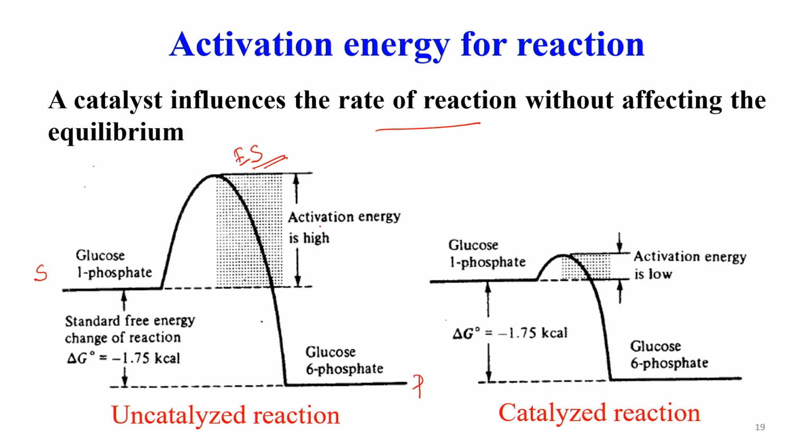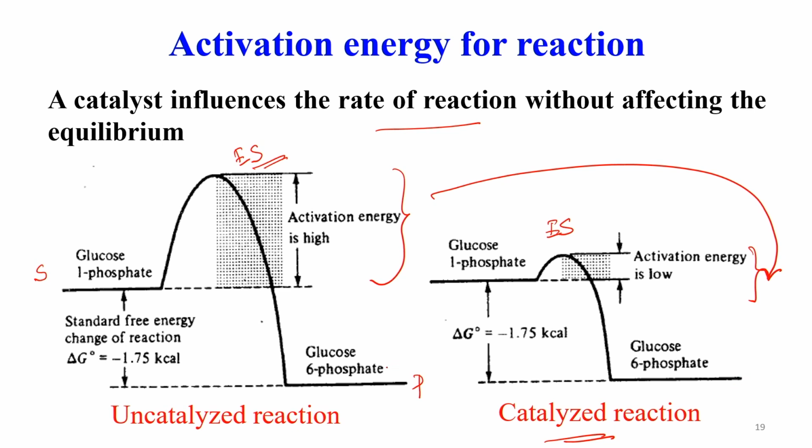Now in the presence of enzyme, if you compare these two, the activation energy has decreased, and once the activation energy has decreased, it can quickly reach the intermediate step or enzyme substrate complex, and further it can dissociate to the product.